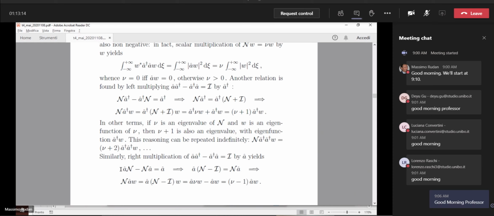So we have found now the possibility of going backwards along the ladder. So we have the possibility of going up, Ni plus 1, plus 2, etc., and the possibility of going down, Ni minus 1, minus 2, etc.